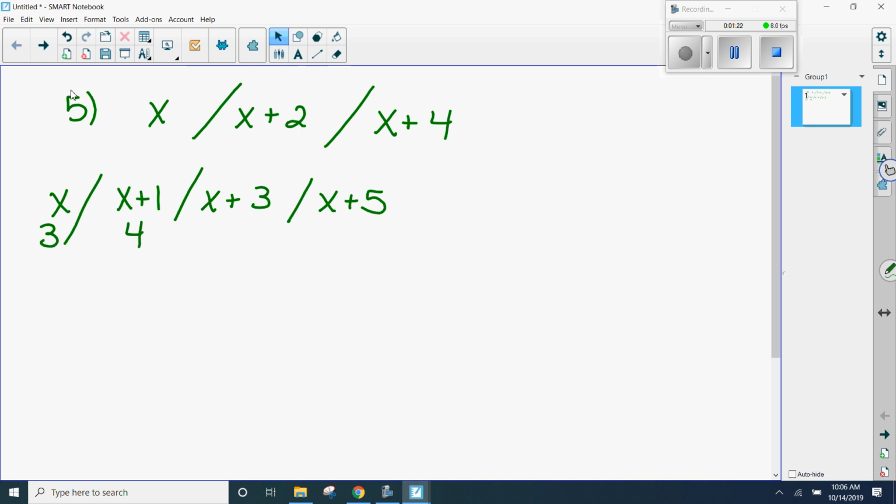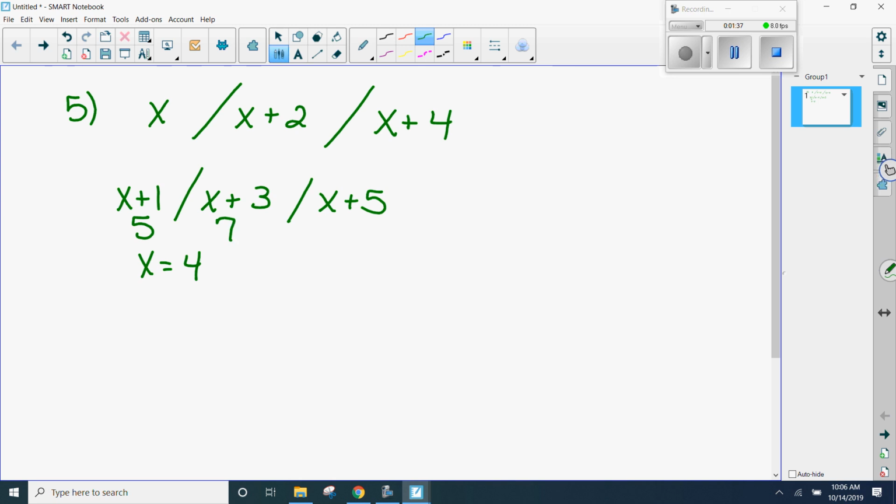That's not consecutive odd integers. Here's the deal: if you let that very first one be x plus 1, when you solve, x is going to be something like 4. So when you put it back in here, your first number is 5, 7, 9. And that seems confusing. I just like whatever x is to be the odd or the even that I need. So I do not do it this way.